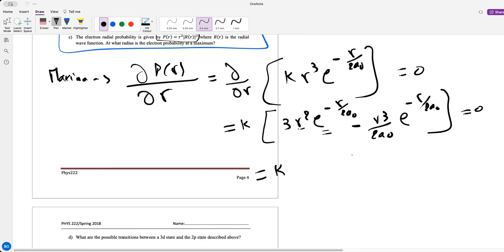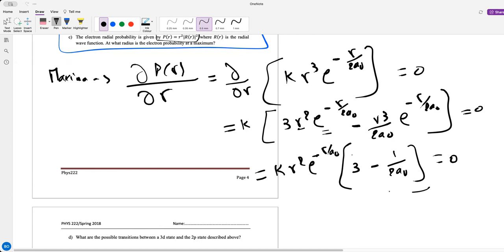So K, I can also take r squared exponential minus r over a0, and then what I get here is 3 minus 1 over 2a0 is equal to 0. Yes, this is what we did, 3r squared, and the derivative, I think that is right.